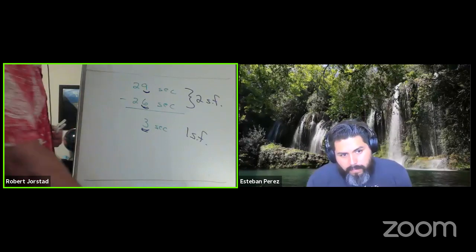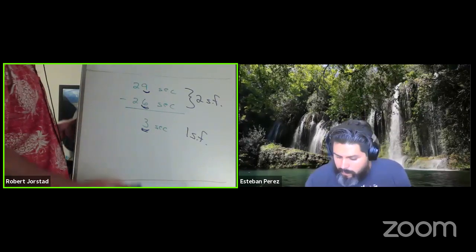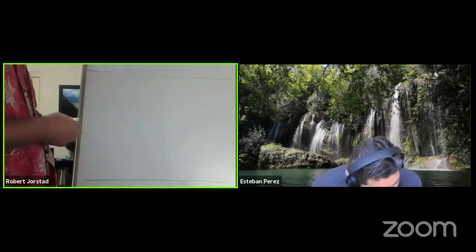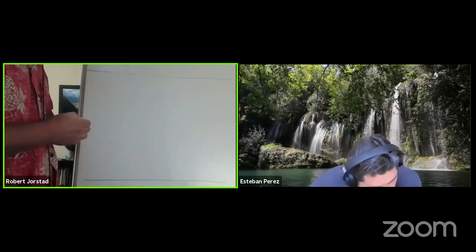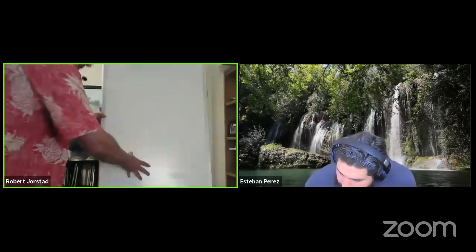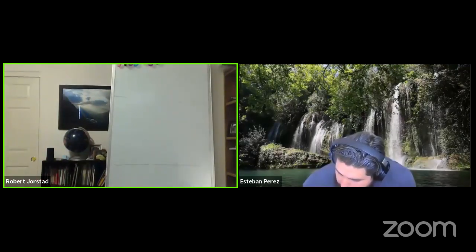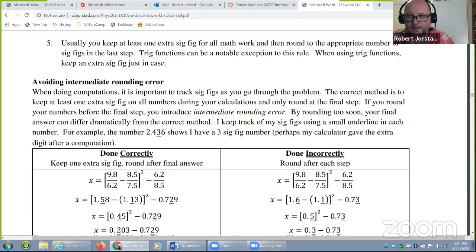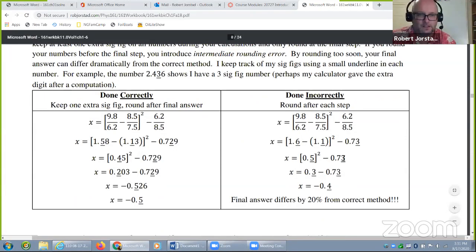I'm going to keep rocking here. So one of the things that happens is sometimes you'll get a really complicated problem. Like, let's say we need to do, actually, I've got one written up. So I'll show you. I just want to show you right here. This shows you a math problem.